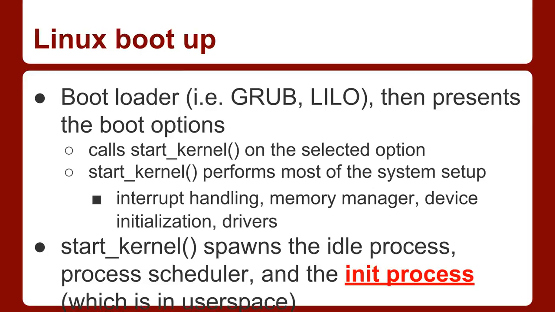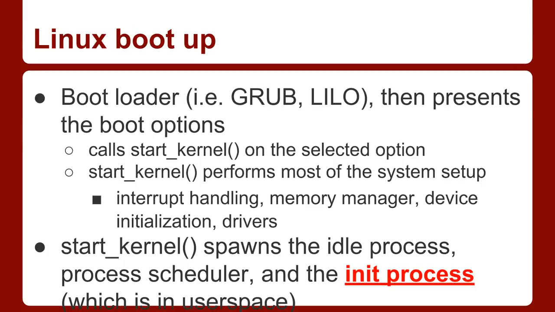So for Linux, the default bootloader in most distributions is typically Grub, although as an alternative, a common one is also Lilo. And when this is started, it presents boot options, and when you select an option, it calls start kernel on the selected option.